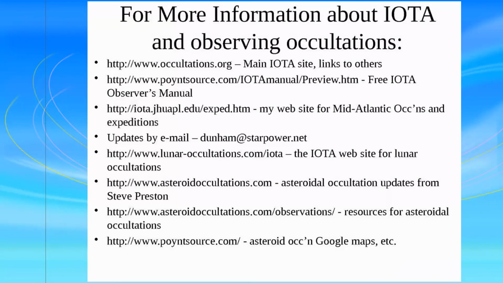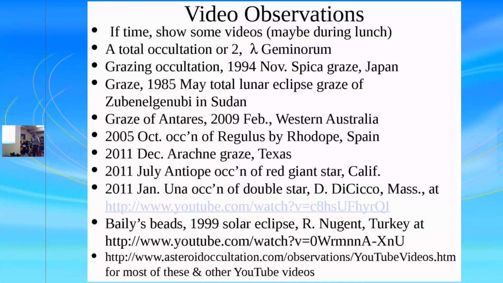Brad Timerson's excellent North American site has lots of resources there to get further things. And Derek Wright's site for Google Maps for the asteroid occultations is highly useful, with the future events too. Next slide. I think this is the last one or near the last.